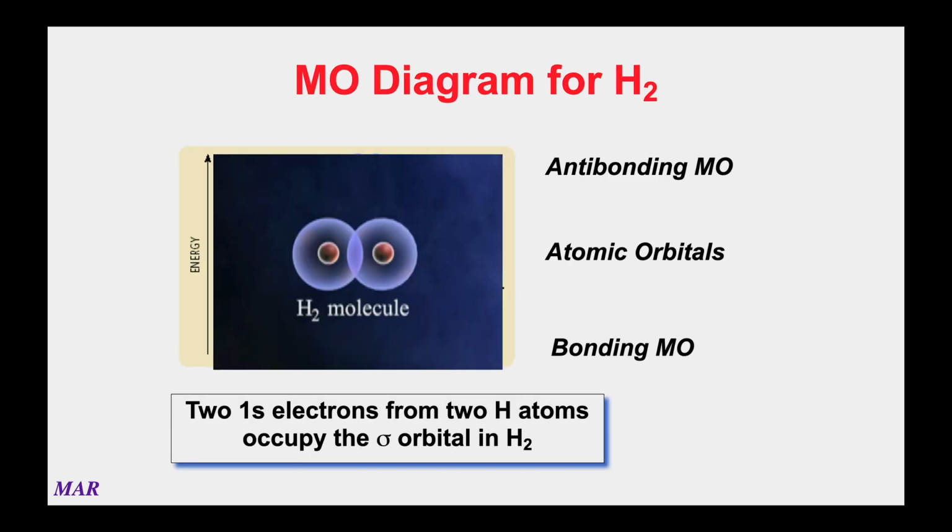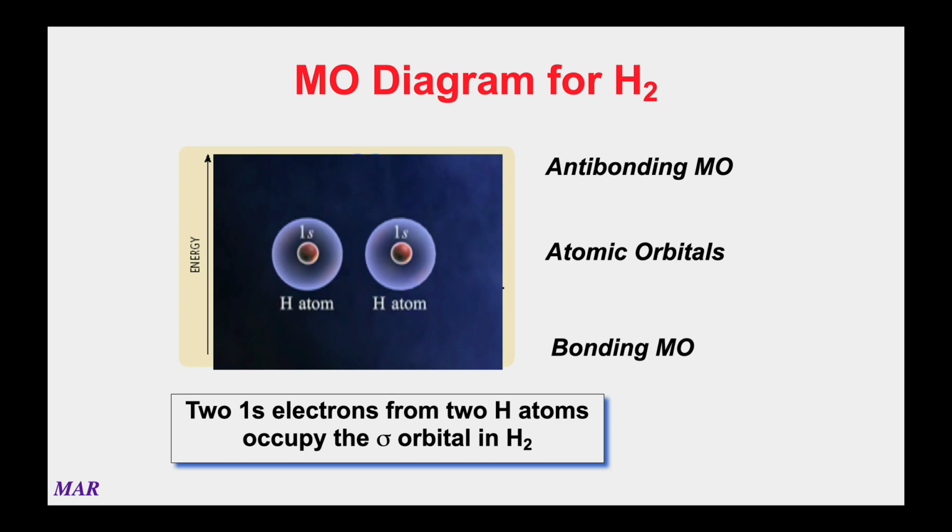In contrast to valence bond theory, which assigns bonding orbitals to individual atoms, molecular orbital theory assigns the orbitals involved in bonding to the entire molecule. The simplest illustration of molecular orbital theory can be seen with the hydrogen molecule. According to molecular orbital theory, the 1s atomic orbitals of the two hydrogen atoms combine to give two molecular orbitals.